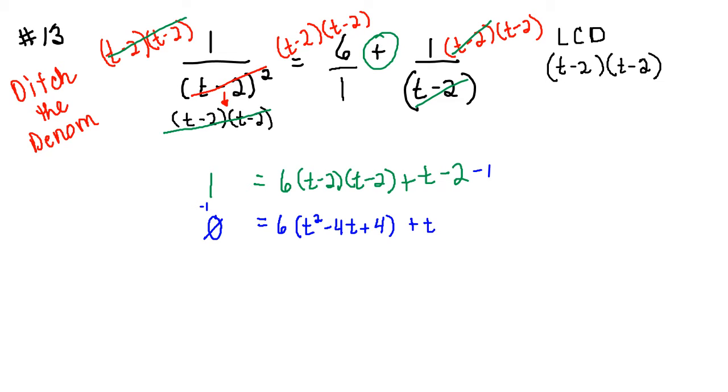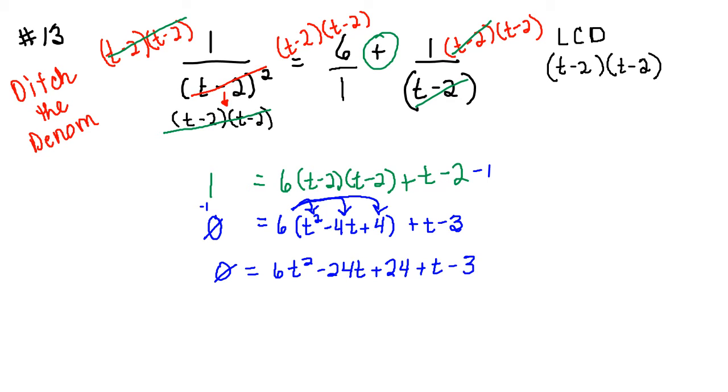Plus t minus 3. Combining like terms. So we still have to bring this out right here. And so I get 0 equals 6t squared minus 24t plus 24 plus t minus 3.